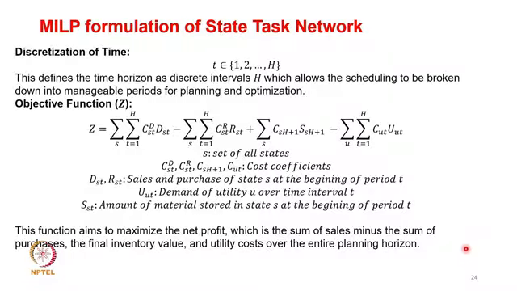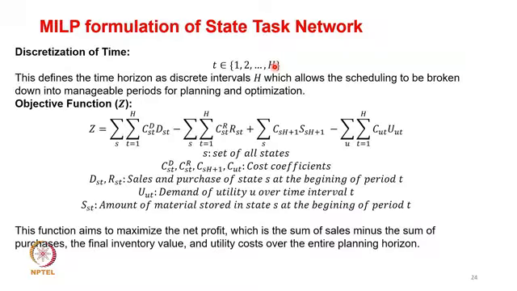So let's assume that we have discretized time T, which is available over a horizon H. This defines the discrete time horizon, the discrete intervals, which allow the scheduling to be broken down into manageable periods of time.